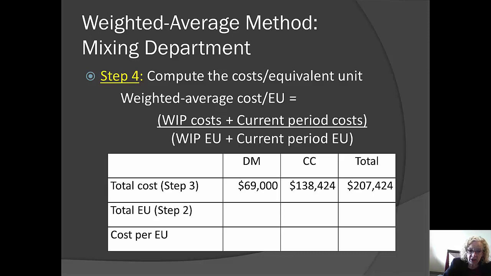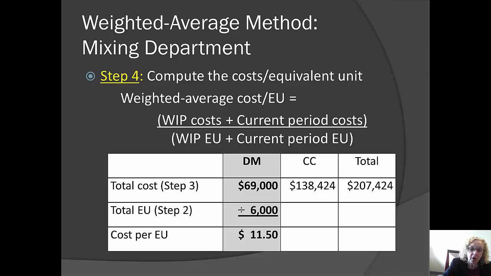So what we're going to do is take our total cost for materials that we just figured out on the previous slide, and we're going to divide it by the total number of equivalent units for materials, which we figured out in the step before that.